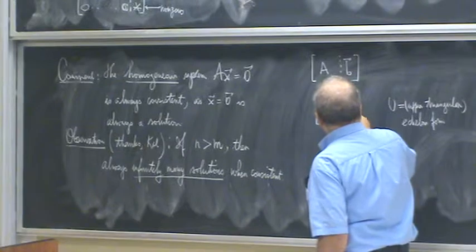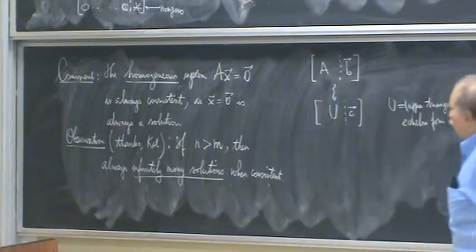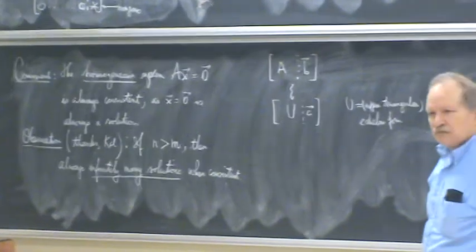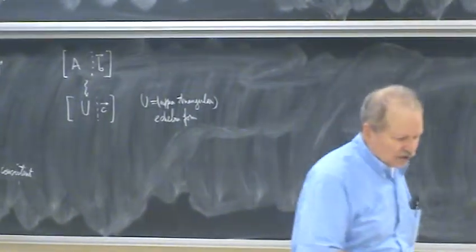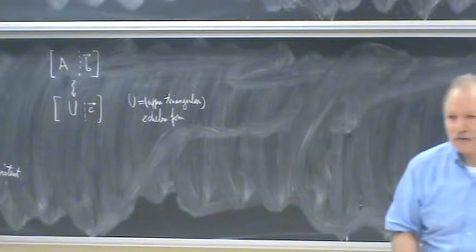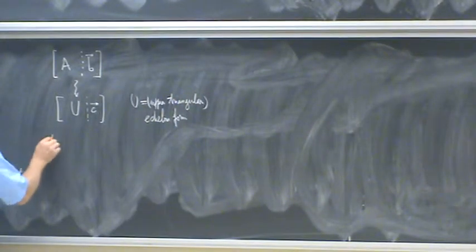How can you recognize when it's consistent? We've said this, but say it again. There's no zero rows that have a non-zero in the C.